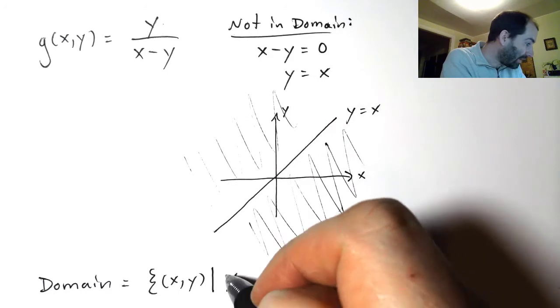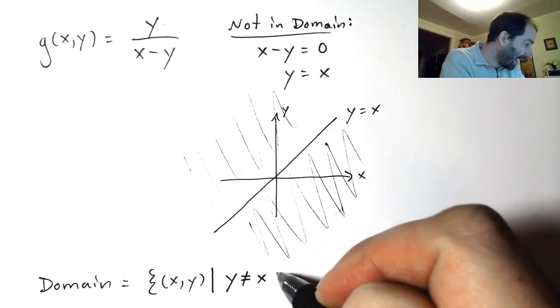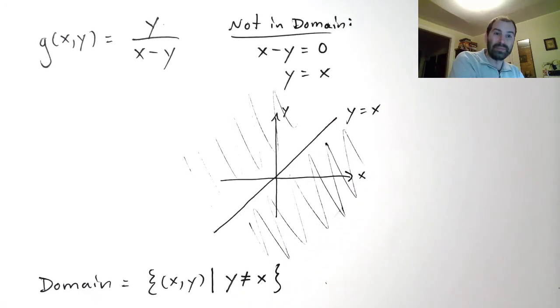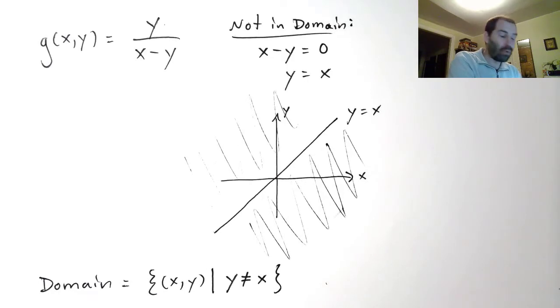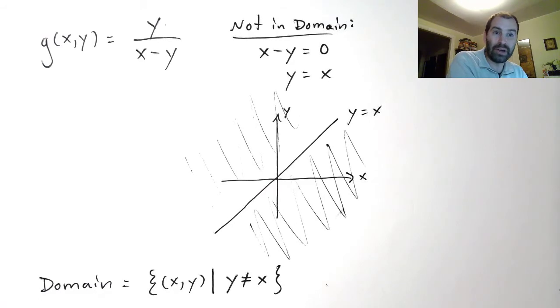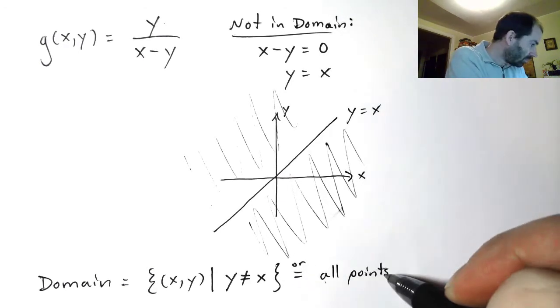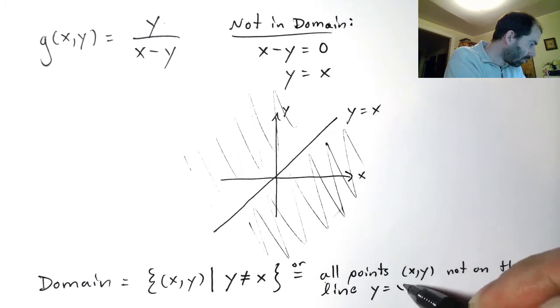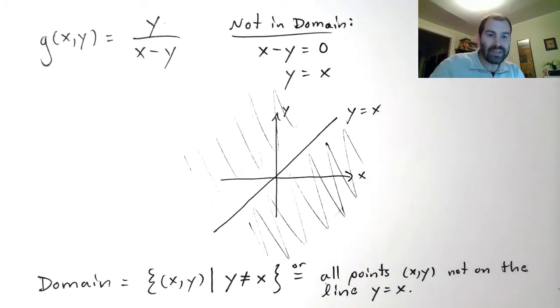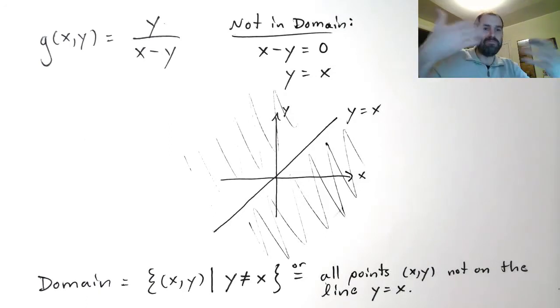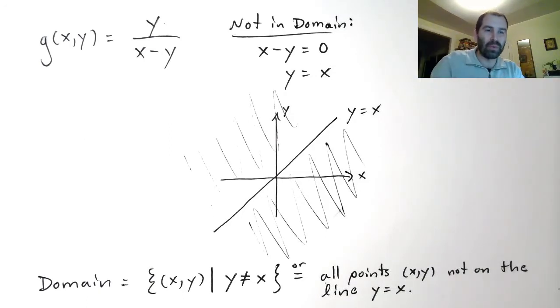So I need this not to be true. So the set of all points x, y such that y is not equal to x. There you go. Now we can also write this down geometrically like we did before, and I would write it like this: all points x comma y not on the line y equals x. So a very natural description of what's going on.